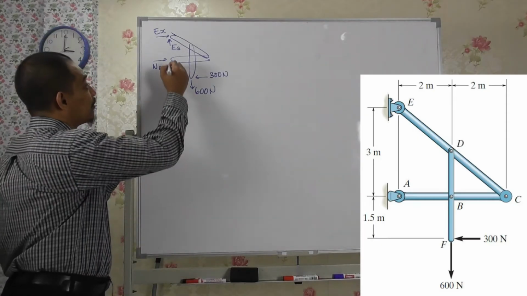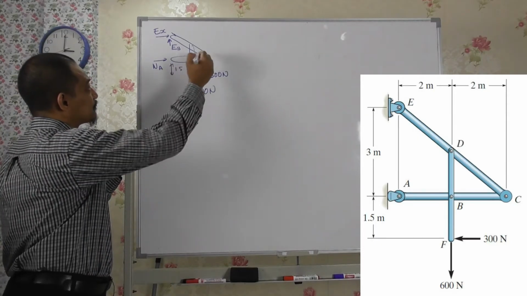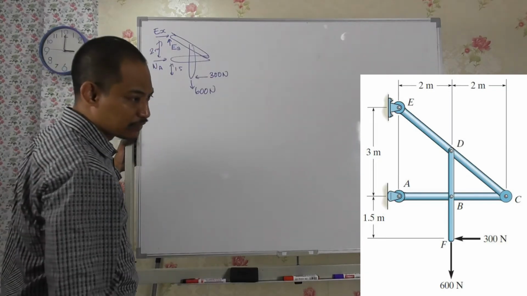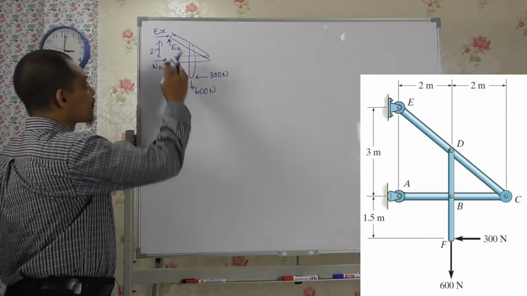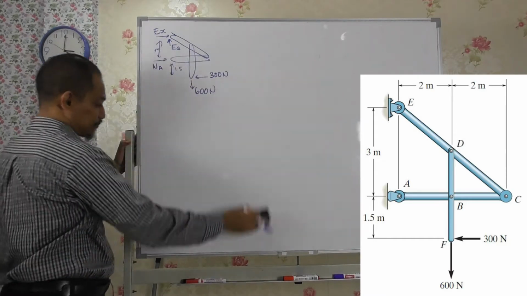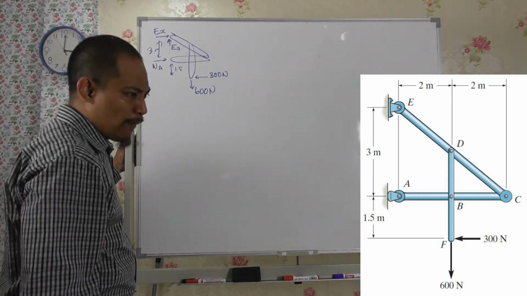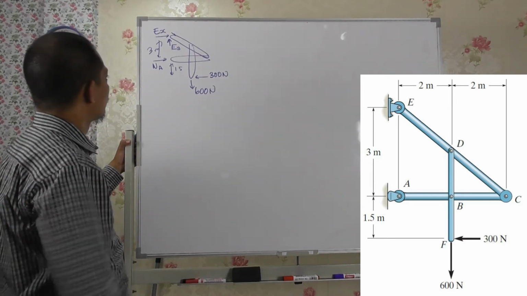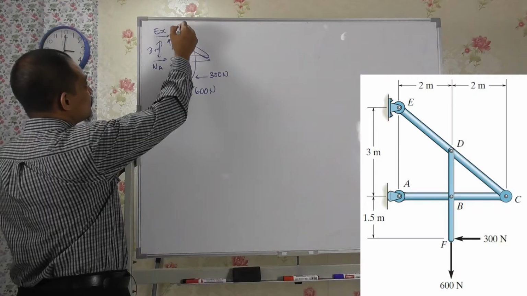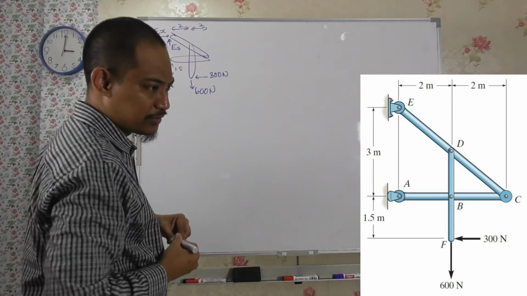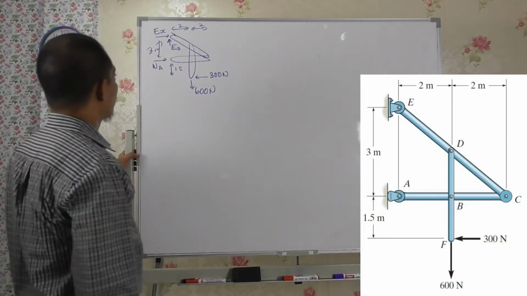And then you have 1.5 meter. This one is 2 meter. Oh, sorry, 3 meter. Two meter, right? So this is 2 meter, this is 2 meter, is it? 2 meter, 2 meter, 3 meter, 1.5 meter.